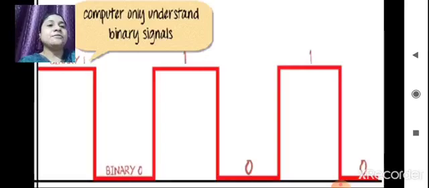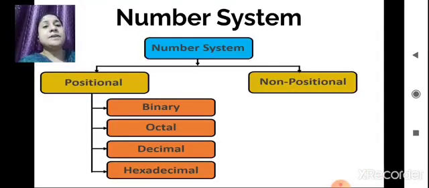Now the next, this number system is basically divided into two types: first is positional and second is non-positional.